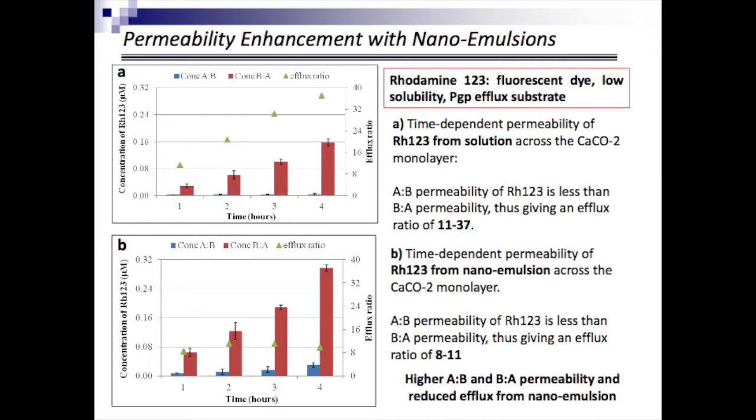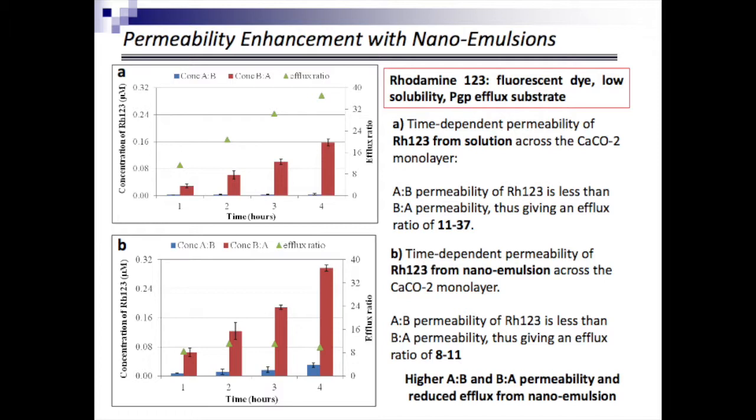The same nanoemulsion I described before, made with fish oil and has both Lipoid 80 as well as Tween 80. What you see in this graph on the top panel, the A side, is the solution form of rhodamine 123, and the B is the nanoemulsion form.